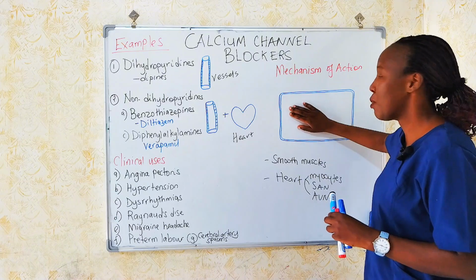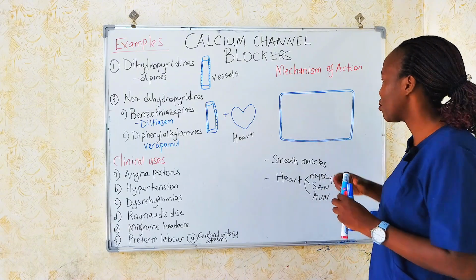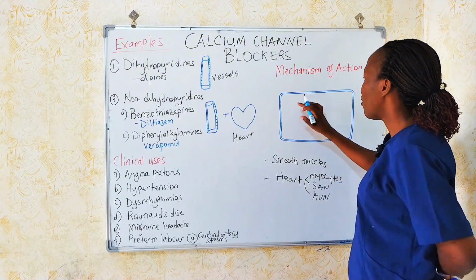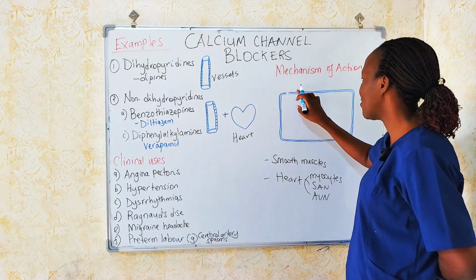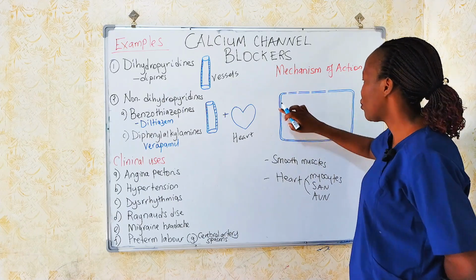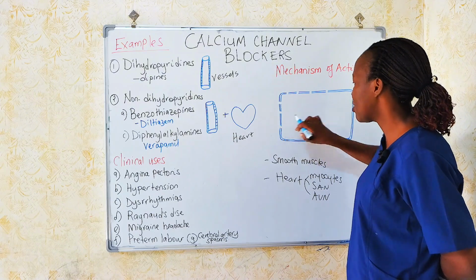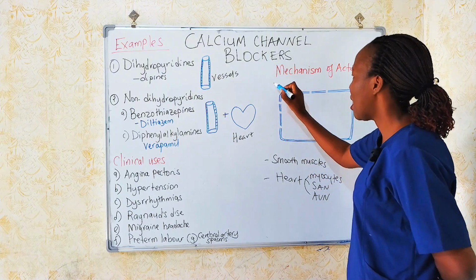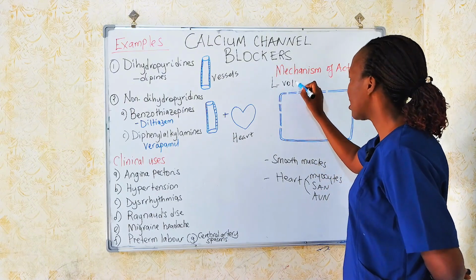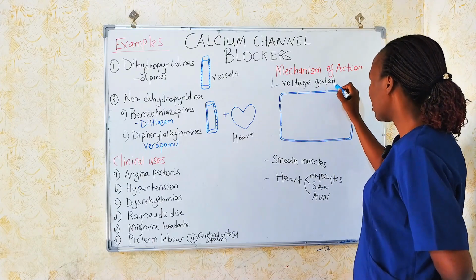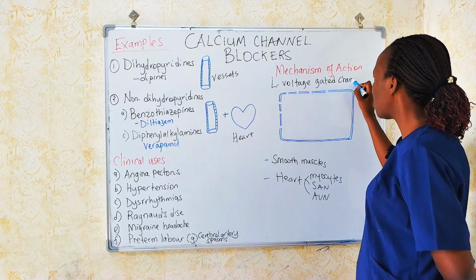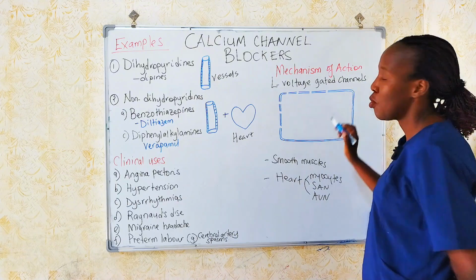So let's say we are working on the vessels. What is going to happen? Now, the calcium channel blockers, like the name says, we are going to have some channels through which ions enter, and these channels are described as L voltage gated channels. These are channels that are found on smooth muscles and then also on the heart.